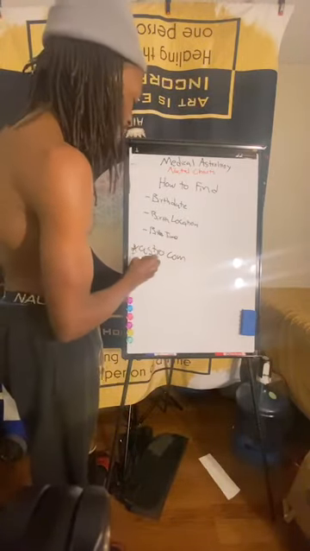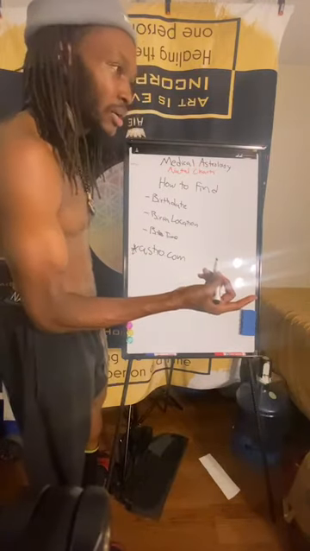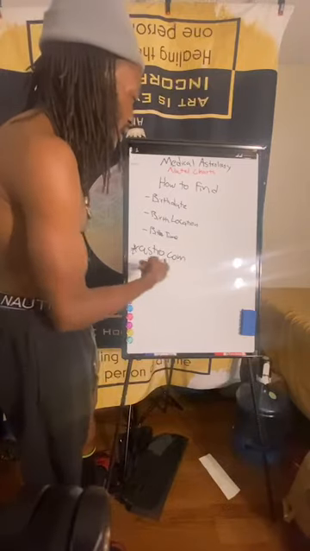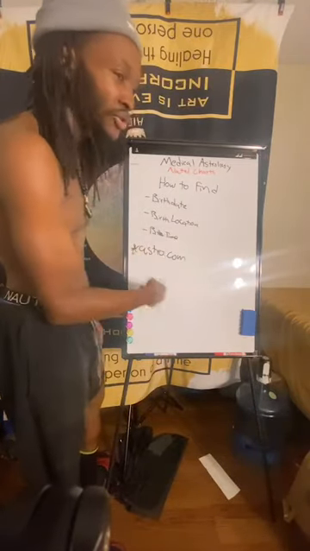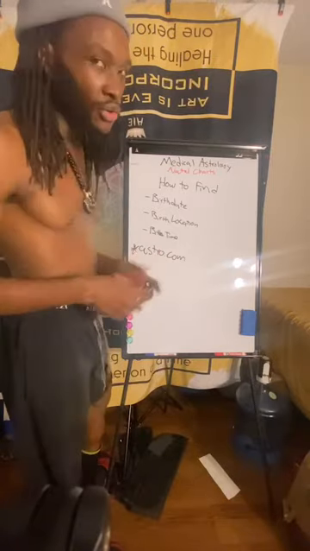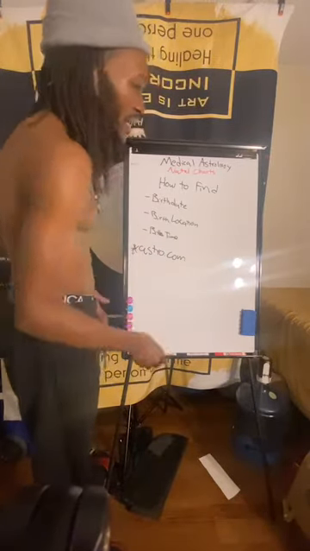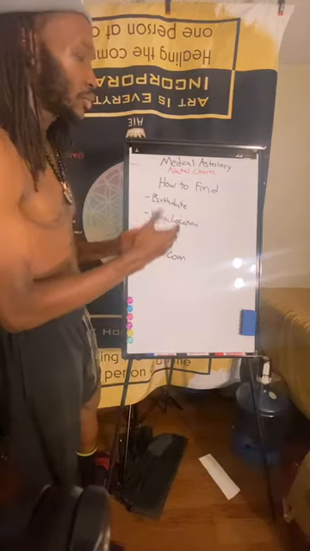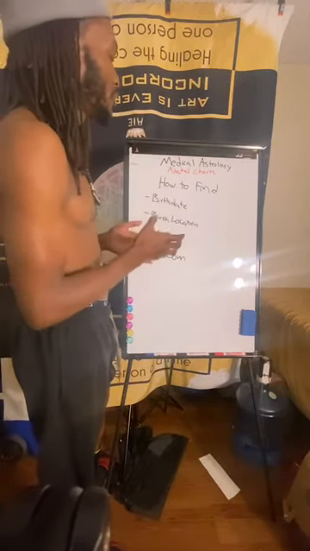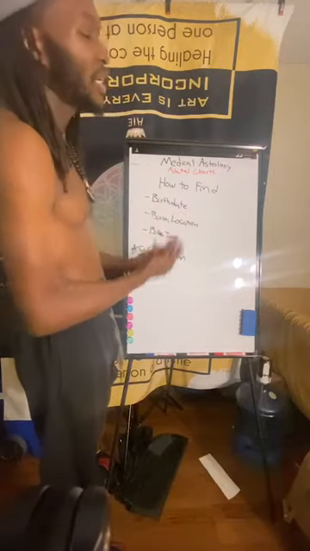You search for natal chart, input all this information, and your natal chart will come out. That is how you find your natal chart and then read it.